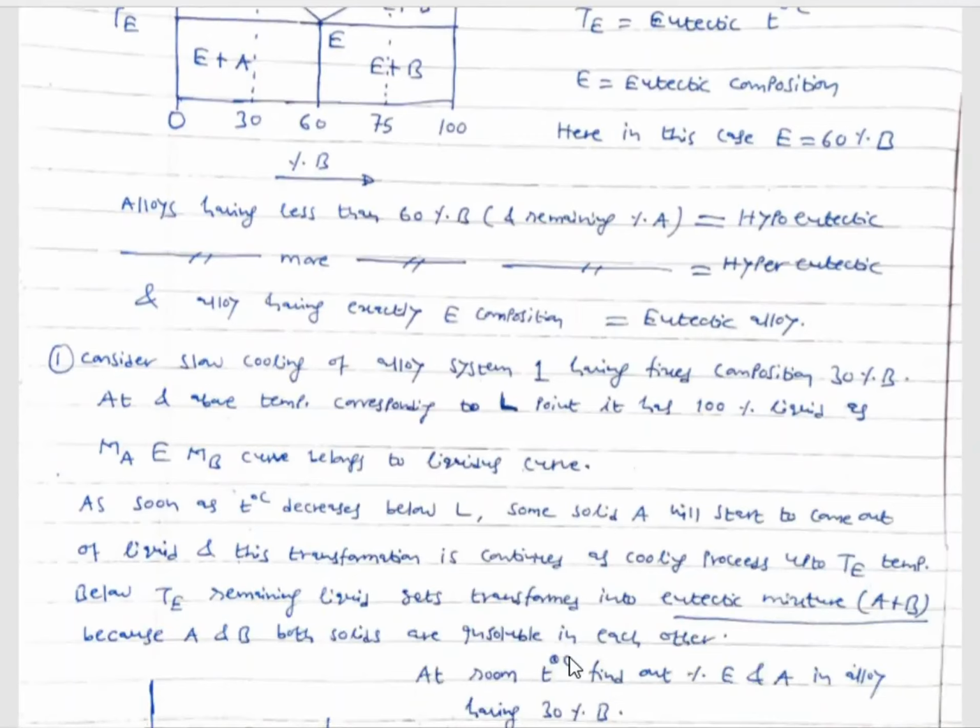So in this alloy system, eutectic and A will be present at room temperature. Now by applying lever rule, we have to find out their amounts.